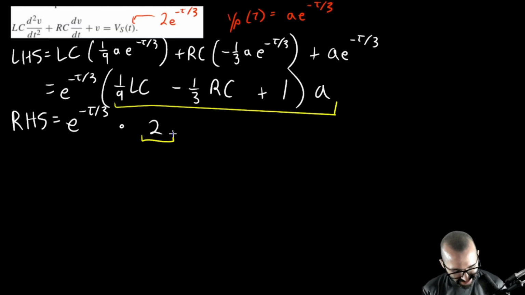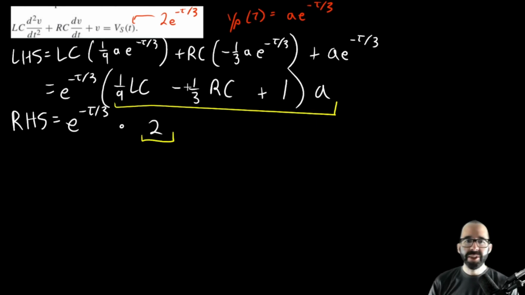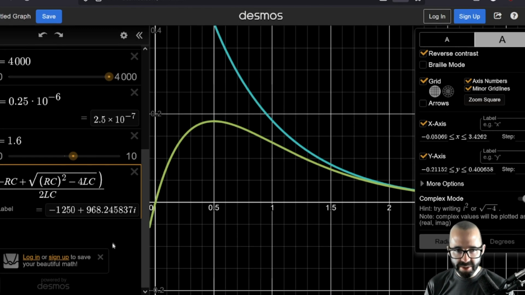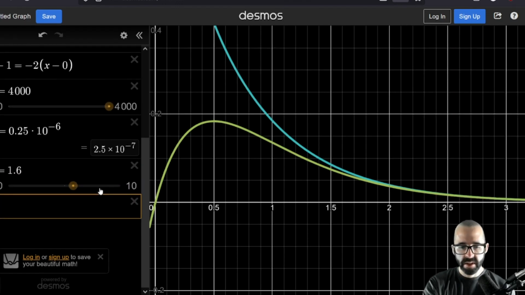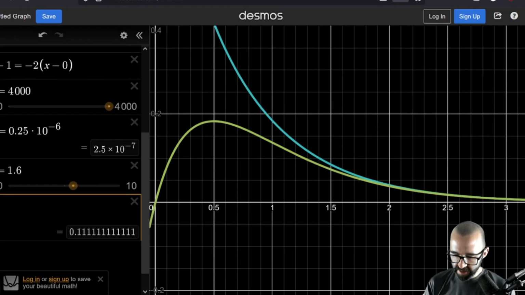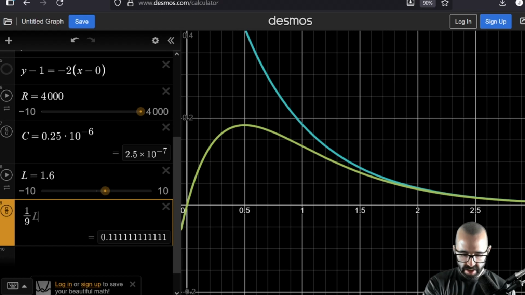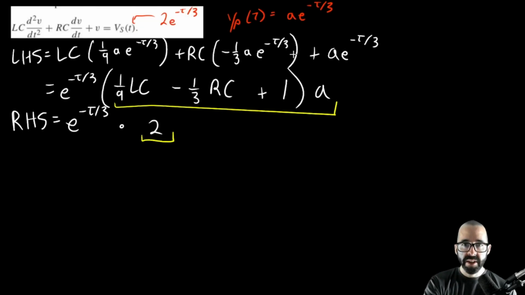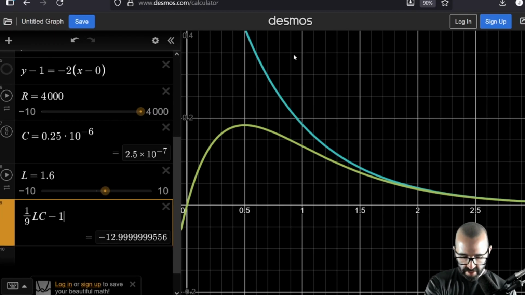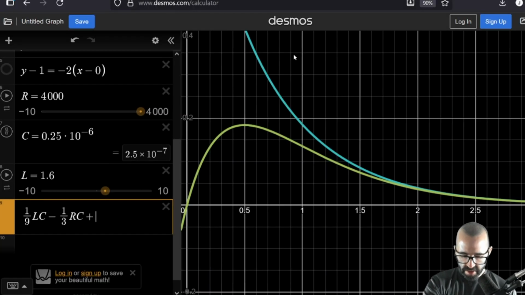All right. So what do we have? Let's use a calculator. Let's see what the left-hand side is. 1/9 times LC, again, I'll make it so you can see what I'm typing in, times LC minus 1/3 RC plus 1.